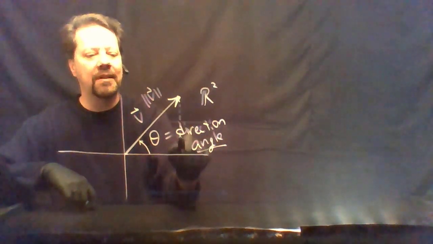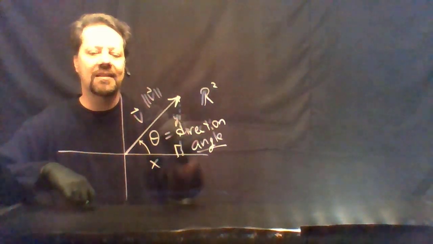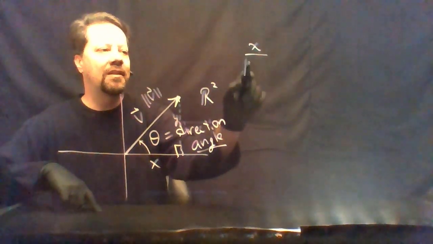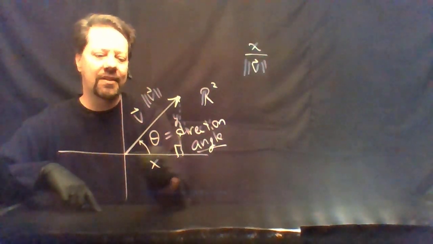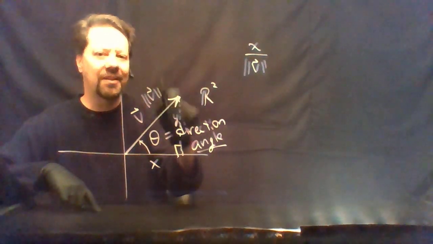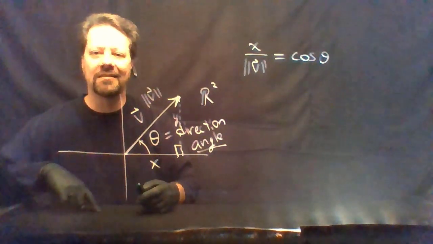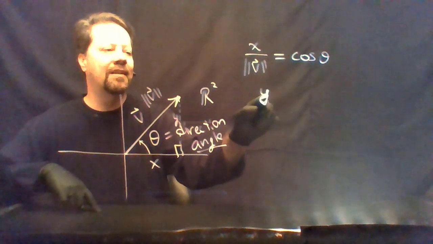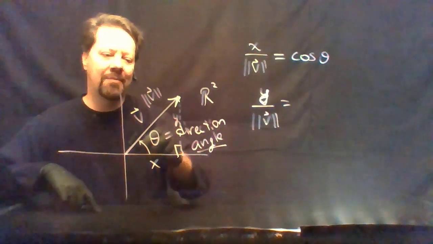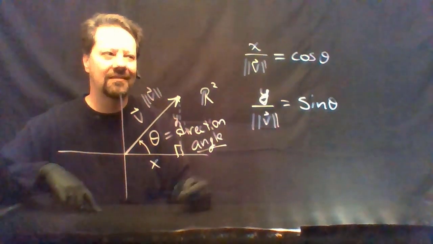Now, I'll drop a little altitude here and label the other sides of this triangle x and y. I want you to notice something. x divided by the norm of v would be adjacent over hypotenuse. Adjacent over hypotenuse is the cosine of the direction angle. Opposite over hypotenuse is the sine of the direction angle.